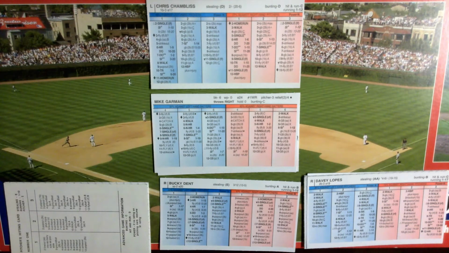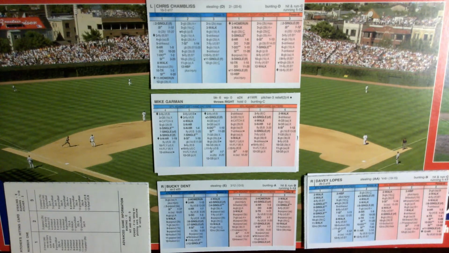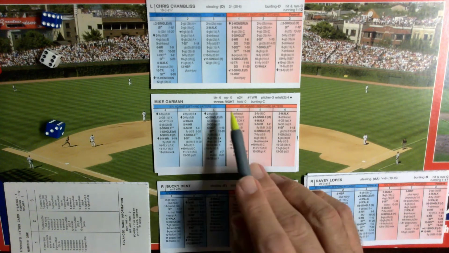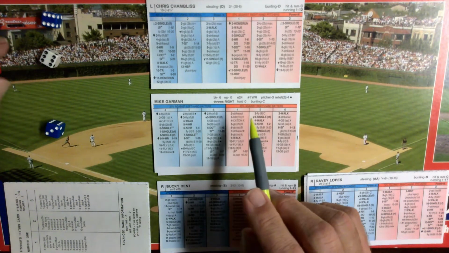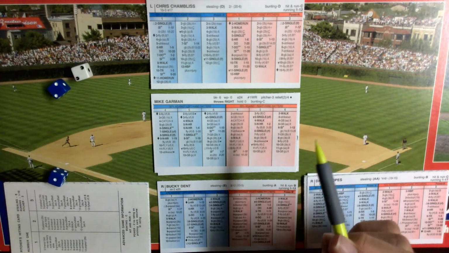Garman comes in having pitched in the second game of the series, facing Dent. Chambliss will be held at second base. And that is a 1, so there's a potential wild pitch. The wild pitch number for Garman, however, is 0, so that does not occur. And we'll go ahead and re-roll the 3 6-sided dice again.